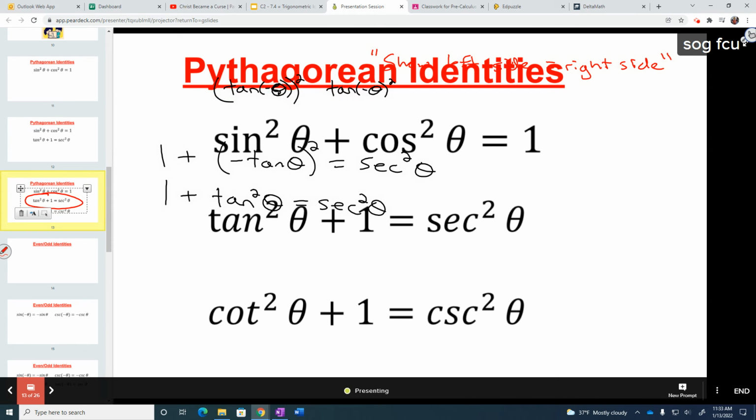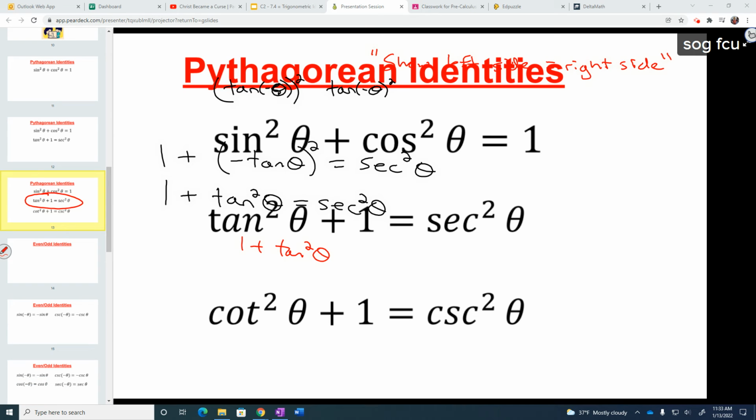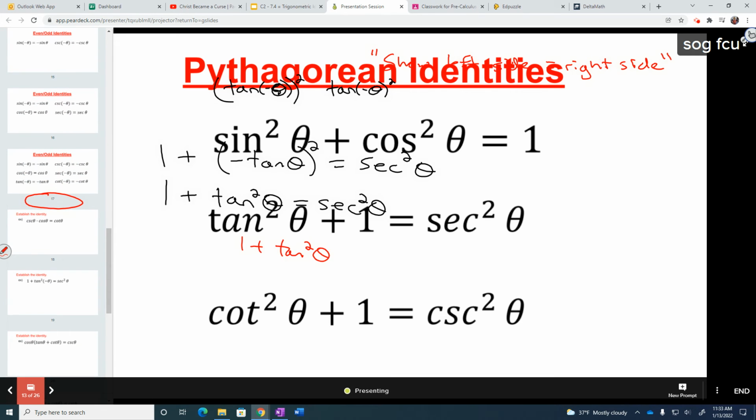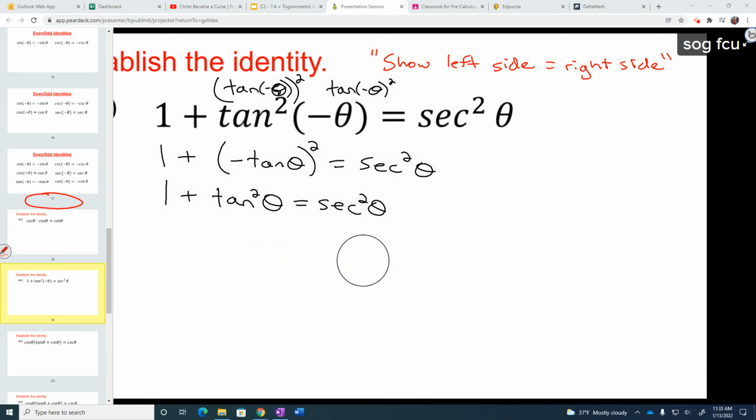You're allowed to change this around: 1 plus tan squared theta. It's the same thing. So we just rearrange those two terms, and that equals what we want, which is secant squared theta. So now we can write secant squared theta equals secant squared theta, because we know that 1 plus tan squared equals secant squared. And now we've proved it.